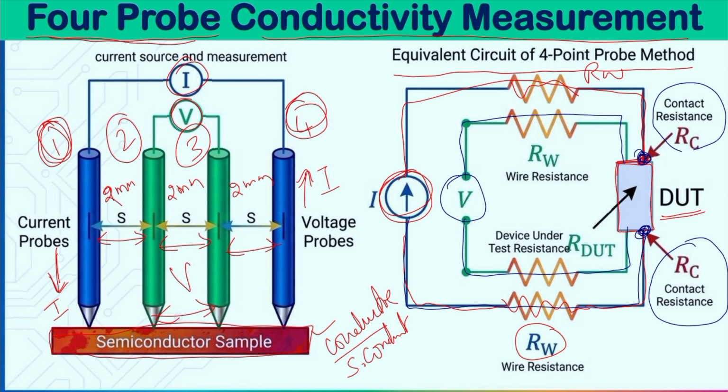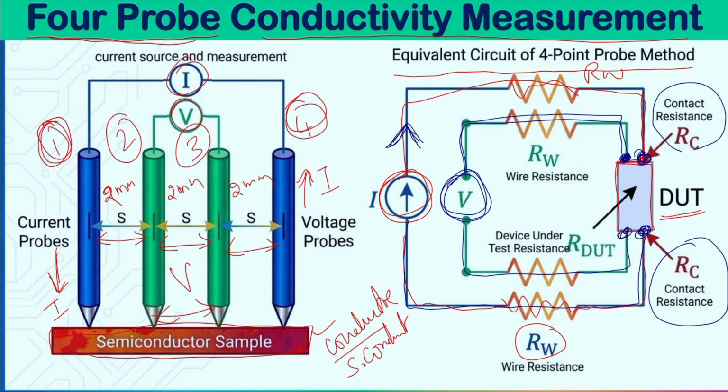Let us say we are sending the current in this direction. The current is passing through this direction and we are measuring the voltage using this voltmeter, right? So then what will happen? Again at this contact, the voltmeter connection will give rise to some resistance.